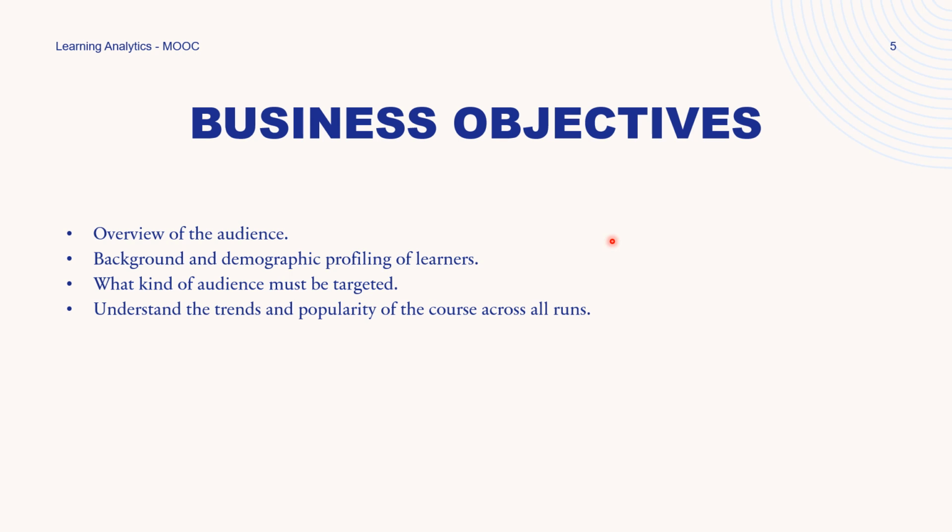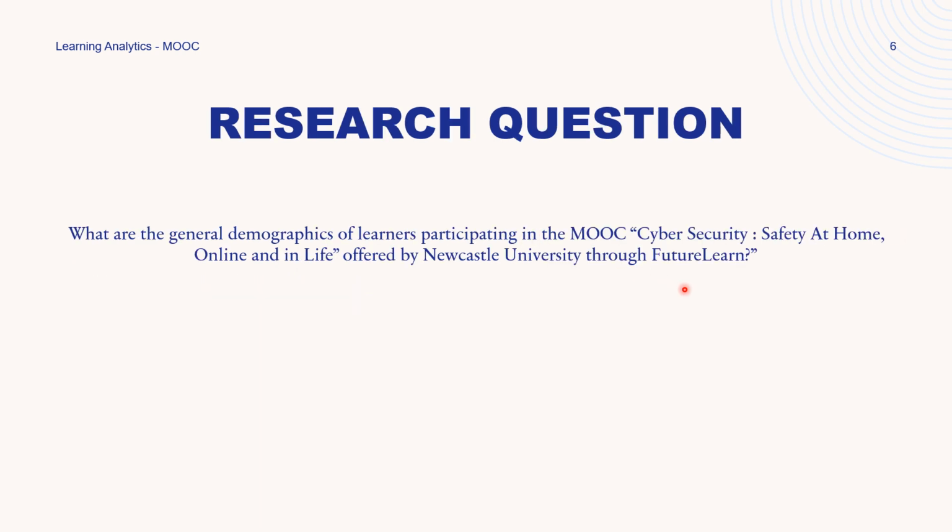Another objective is to target the audience which is left out from the engagement in the course, and also to understand the trends and popularity of the course across all runs. Our research question formed from the objectives can be: what are the general demographics of learners participating in the course?